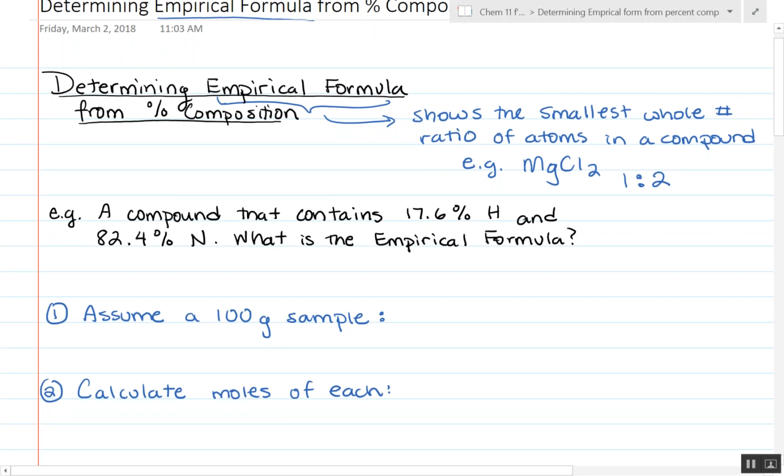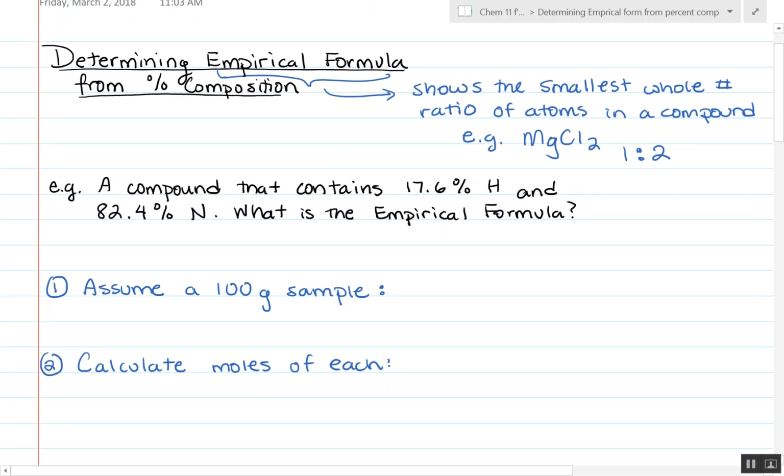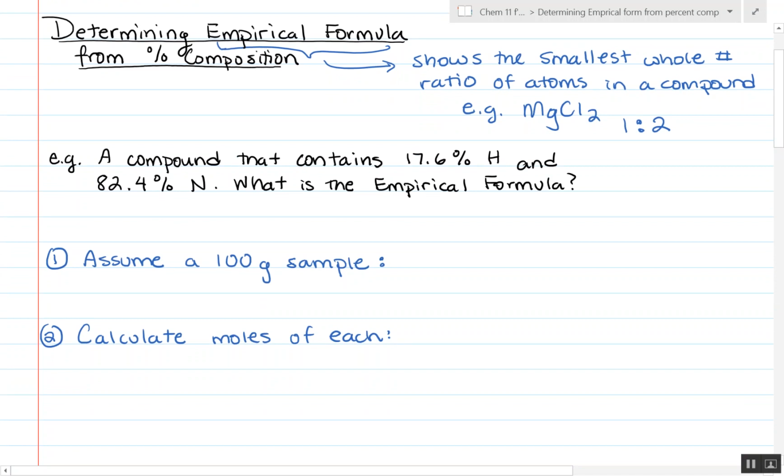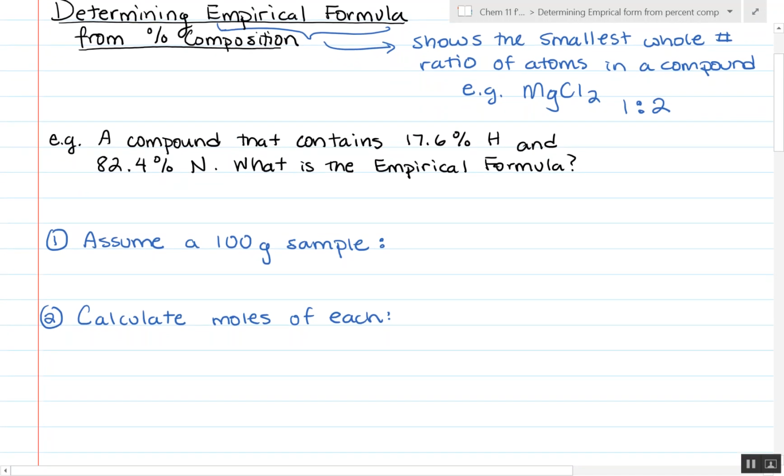Okay, so let's take a look at an example. A compound that contains 17.6% hydrogen and 82.4% nitrogen. It's asking us to calculate the empirical formula. So remember, the empirical formula is the lowest whole number ratio. So the EF. So we're looking for the lowest number of hydrogen or nitrogen atoms to that of hydrogen.